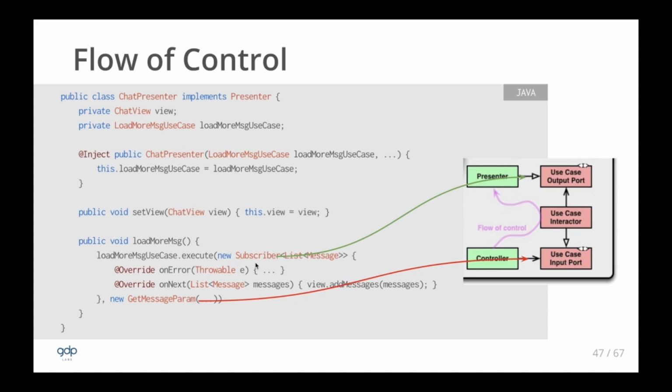And if you look closely, the arrow here is pointing to the arrow between presenter and the use case output port. So it means this is the implementation of this use case output port. And then for the second parameter, we instantiate this get message param as our input port.